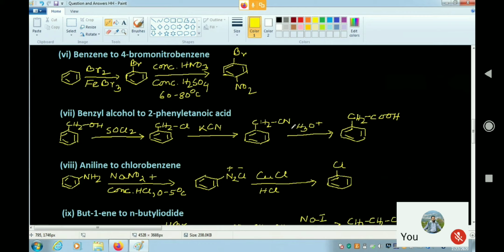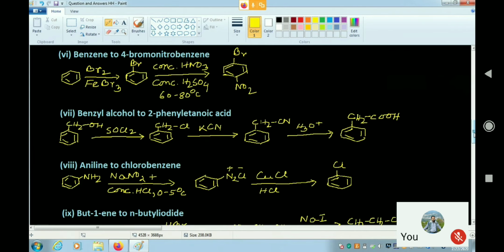Then hydrolysis in acidic medium of this cyanide group gives the carboxylic acid. So in this way we can transform benzyl alcohol to 2-phenyl ethanoic acid.